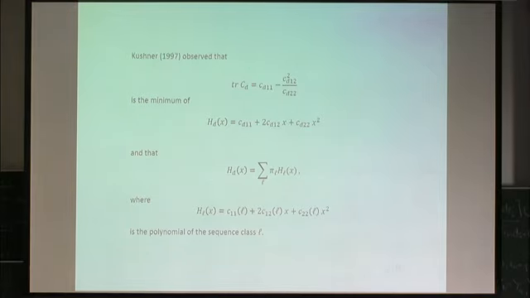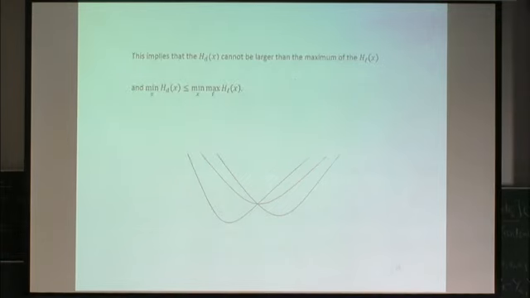Now, the nice thing is that this function is actually a convex combination of the functions that would belong to the single sequences. So it's linear in the sequences. And since it's a convex combination, if you have two sequences, then any combination between the two must be between the two sequences that you had originally.